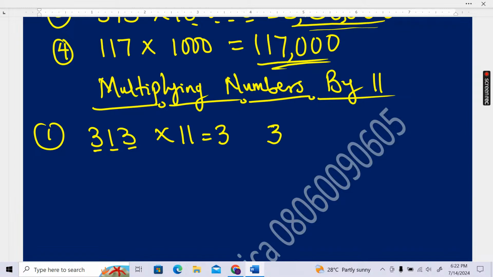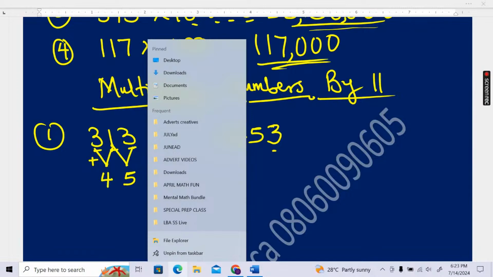Then begin to add the digits together. 3 plus 1 is 4. 1 plus 3 is 4. So at the middle of these two digits, we're going to place 4 and 4. So 313 times 11 is equal to 3,443.